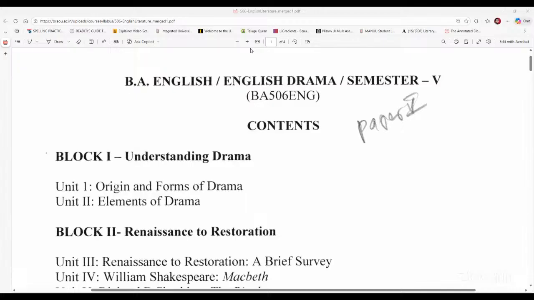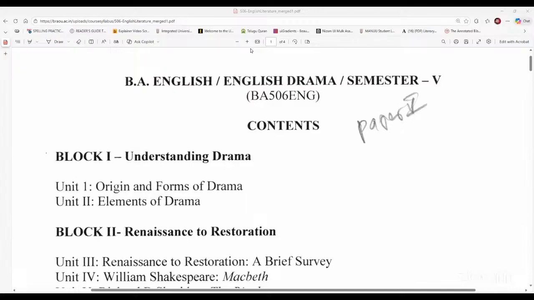We have poetry, we have drama, we have fiction, we have prose, non-fiction, and within these forms we have so many other subforms or subgenres.